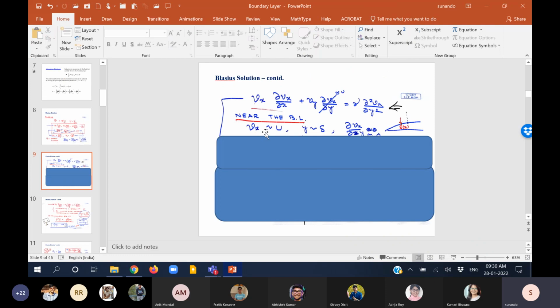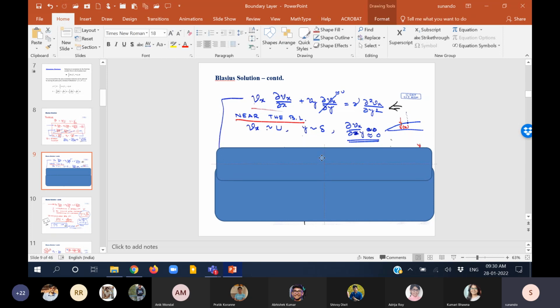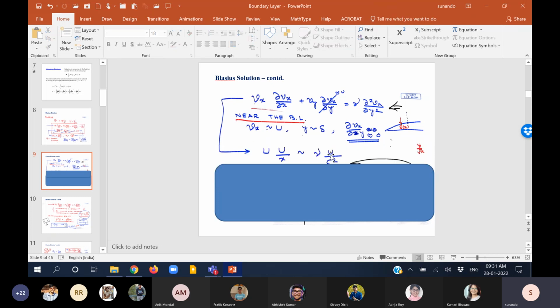Near the edge of the boundary layer, the velocity is going to be approximately equal to u, as y tends to delta, and del Vx by del y, the gradient or change in velocity with respect to y, would also approach zero. When we consider these approximations, we can do an order of magnitude analysis, an approximate analysis of the governing equation for the boundary layer.